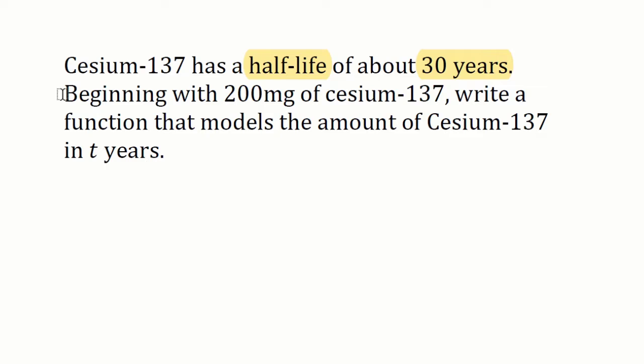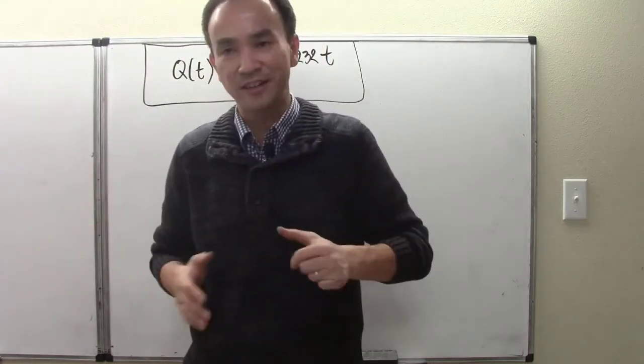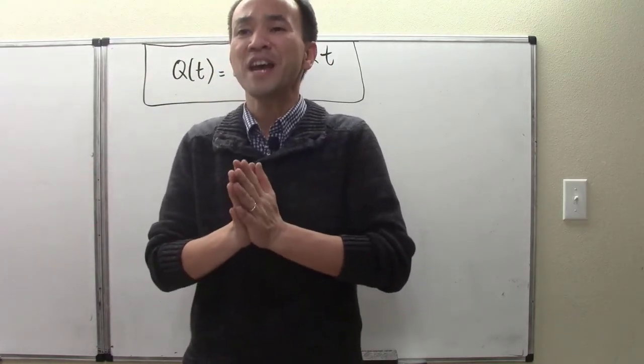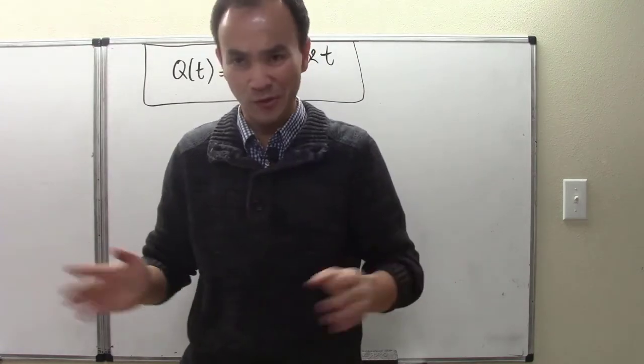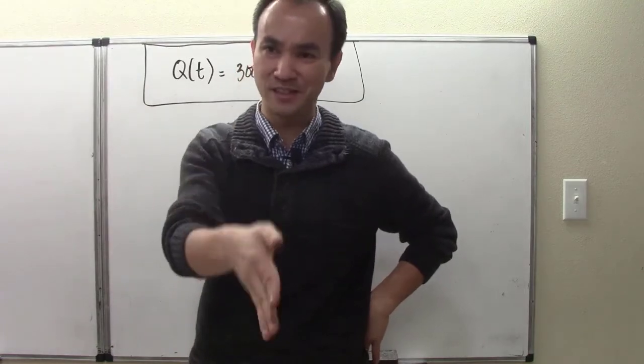And actually we have some extra over here, beginning with 200 milligrams of cesium-137. We want to write a function that models the amount of cesium-137 in t years. So this problem is where, as I said earlier, rates are completely clueless for us. There's no way for us to tell if this is a continuous rate or a periodic rate.